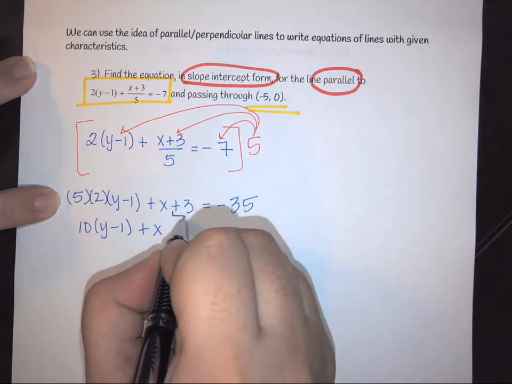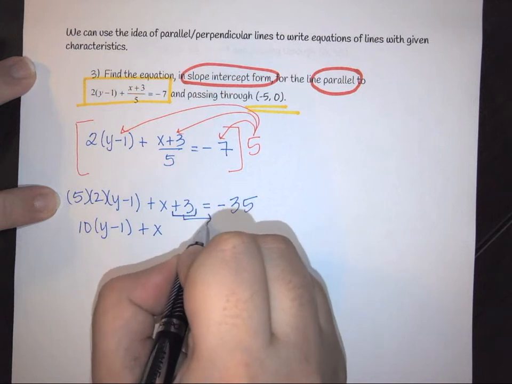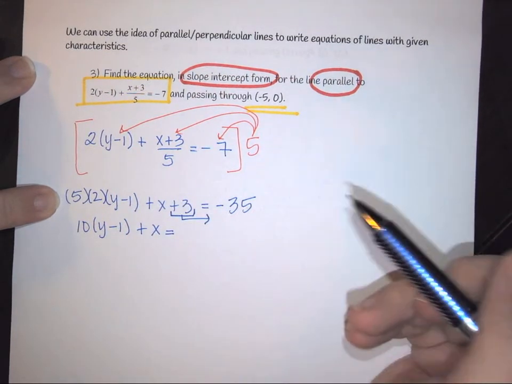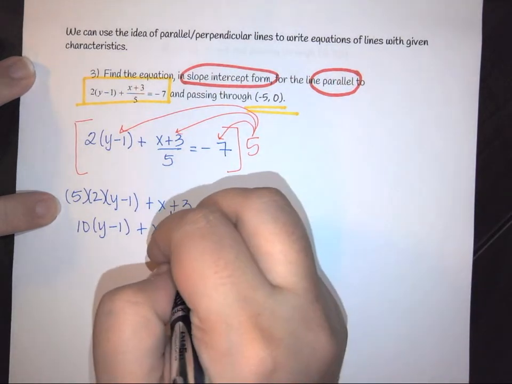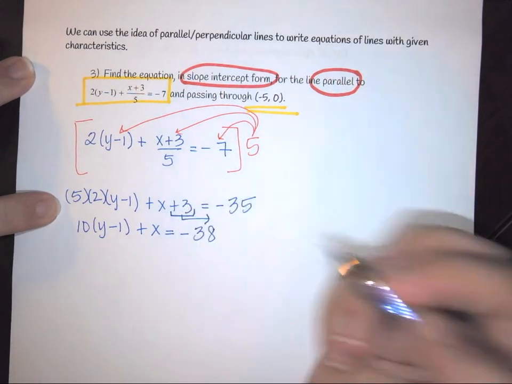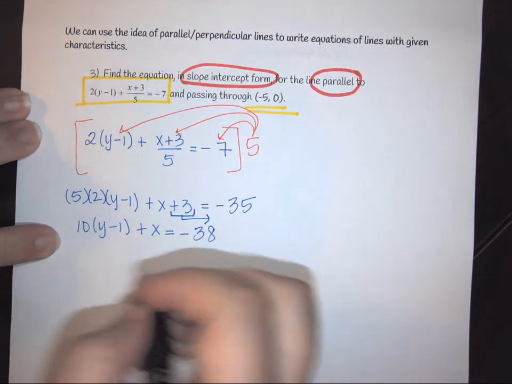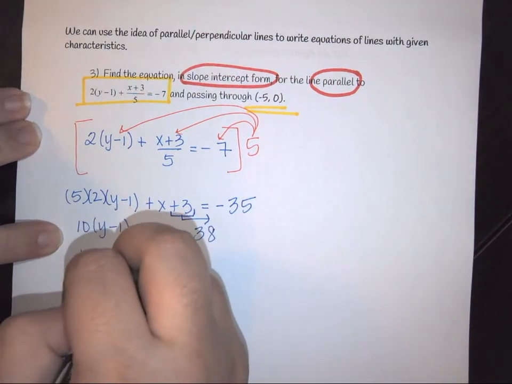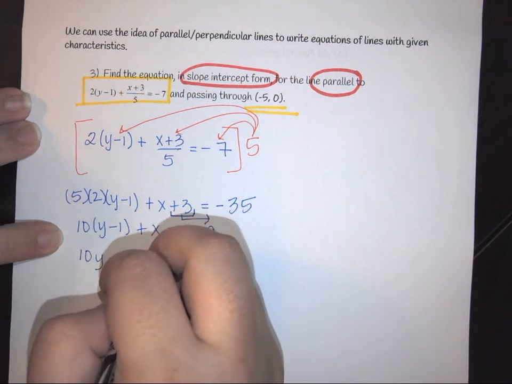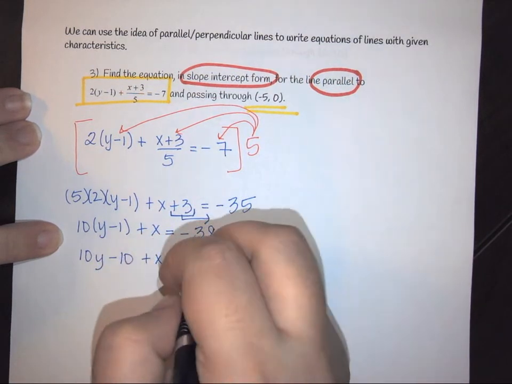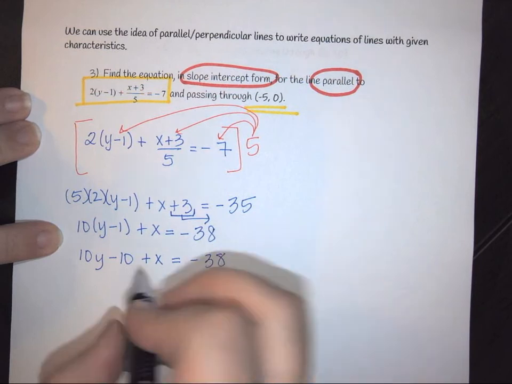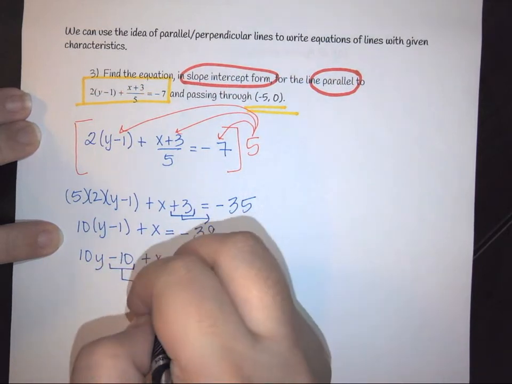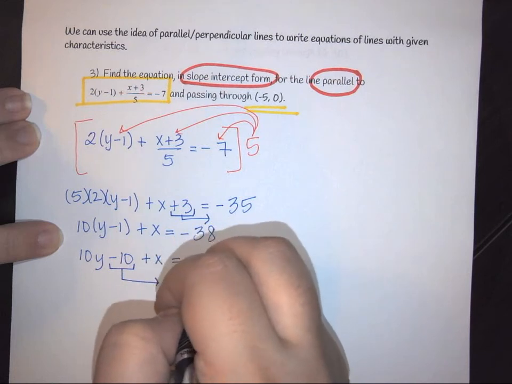I'm going to go ahead and move the 3 over. So this is going to equal negative 35 minus 3, which is a negative 38. I'm going to distribute, so this becomes 10y minus 10 plus x is equal to negative 38. I'm going to move my 10, which says I have to add.